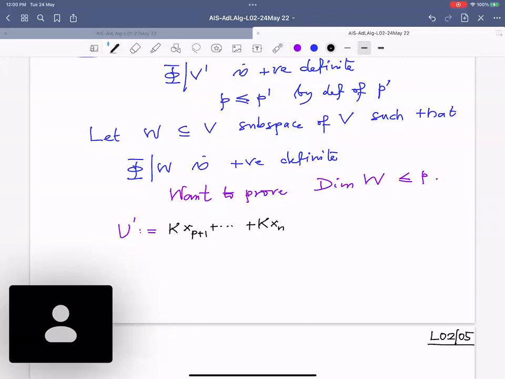This is the complement of W in V. And also, because it's a complement, it is obvious that W intersection U prime is not empty, it is 0.